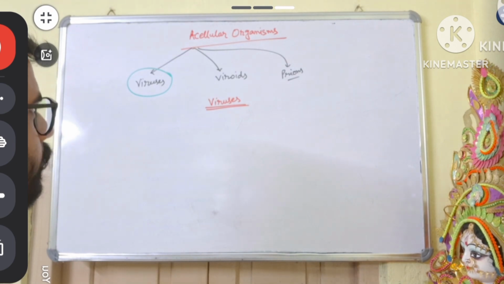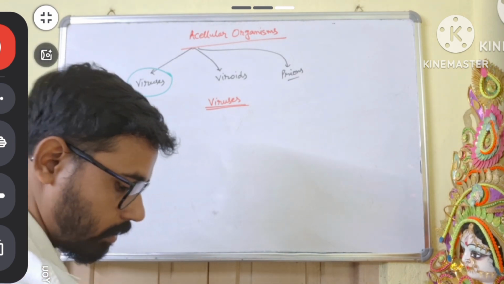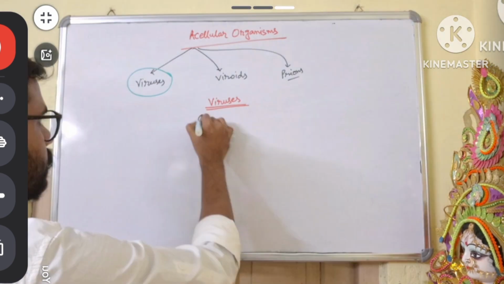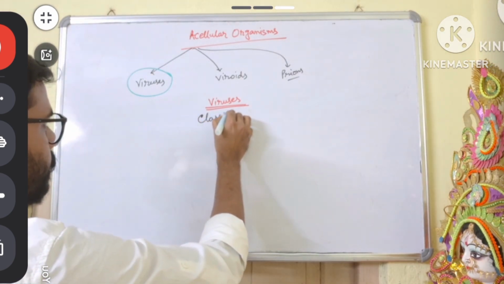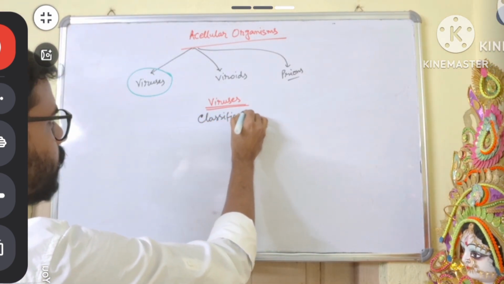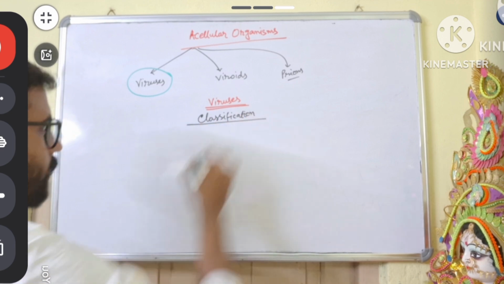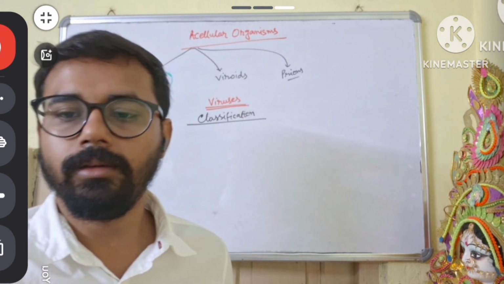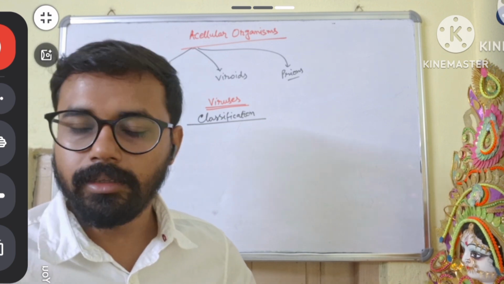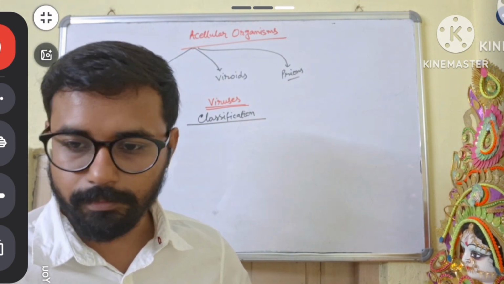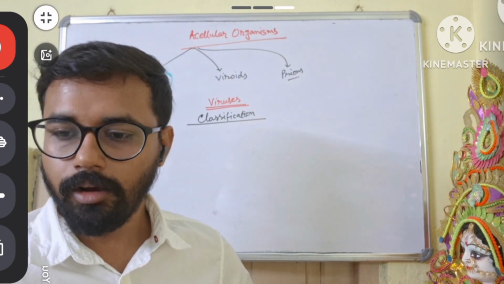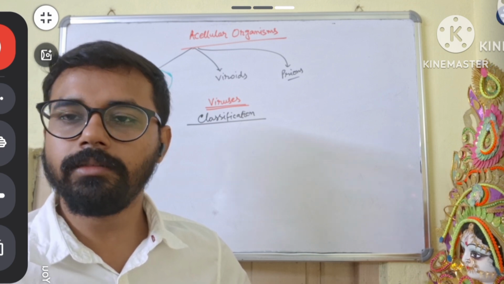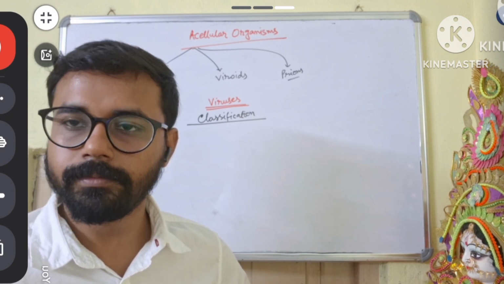With that note, we started virus classification. Normally, what materials compose the viral structure? Genetic materials, it could be RNA or DNA. And what else besides nucleic acid?